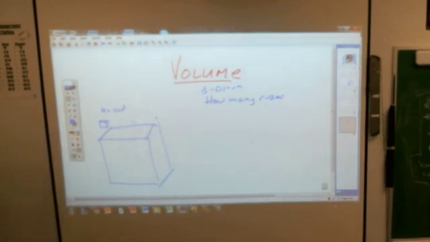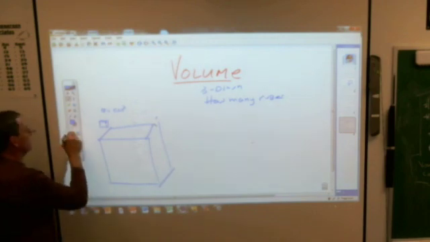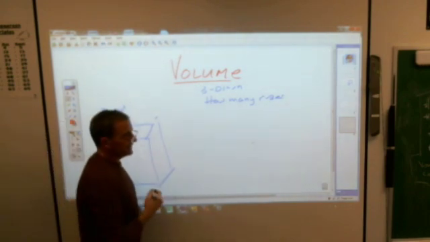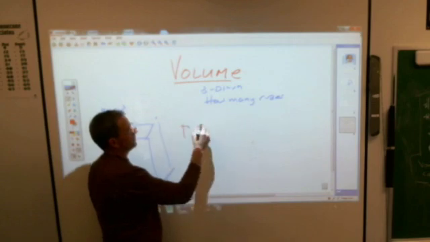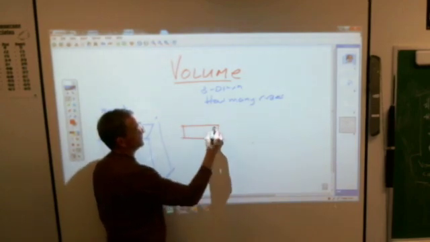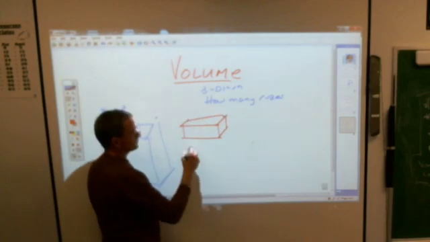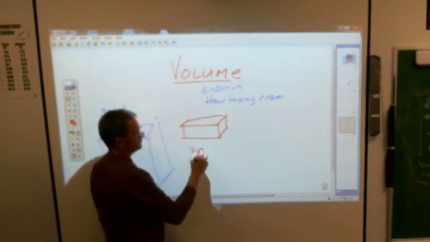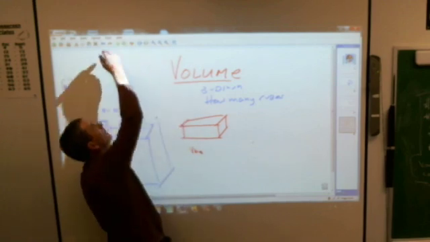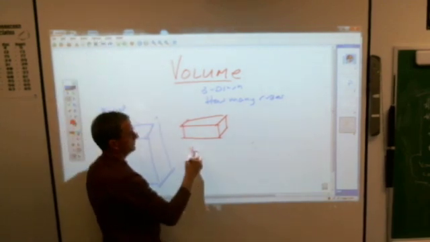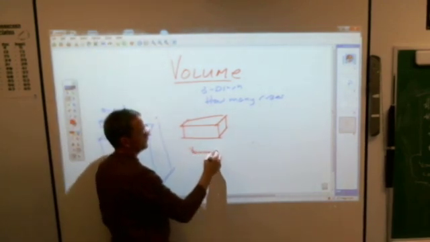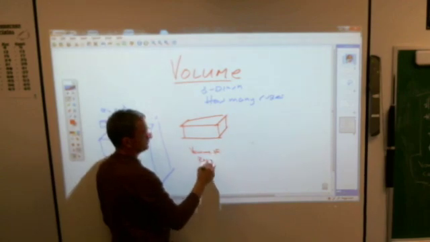Now, the formula we have used, here's where your life changes. Really, everything we've done up until now has been rectangular prisms, like this thing right here. The volume of a rectangular prism.